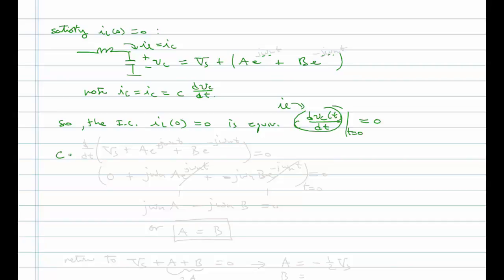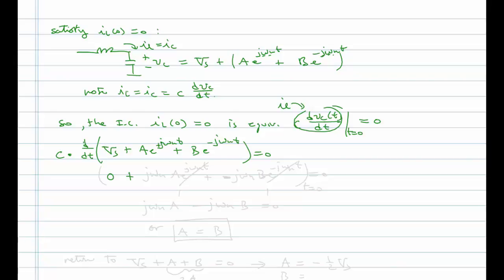So let's do that. C times the derivative of our time domain expression for VC. Let me write this back up here because I think we're going to need it. So C times the derivative of this whole expression, Vs plus a e to the j omega nt plus b e to the minus j omega nt, and that's equal to 0. So I might as well get rid of that C. It's not going to be useful. We take the derivative of Vs, that's 0.